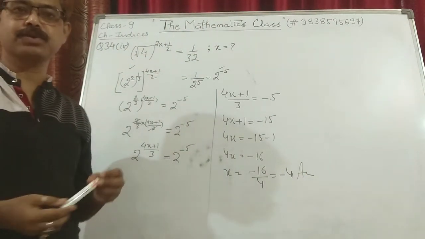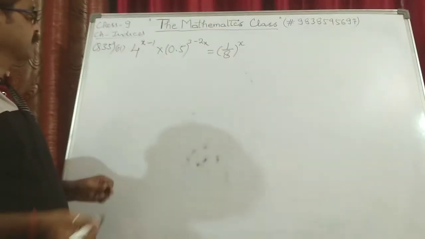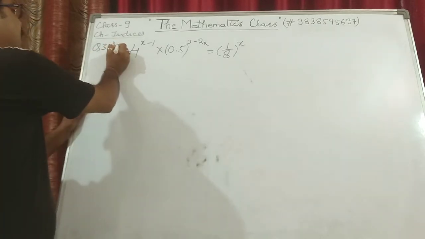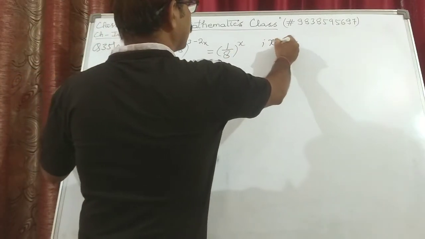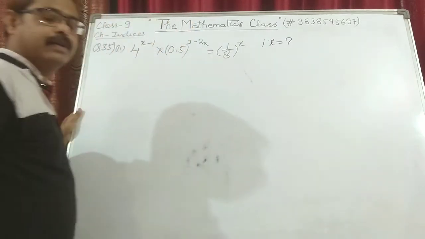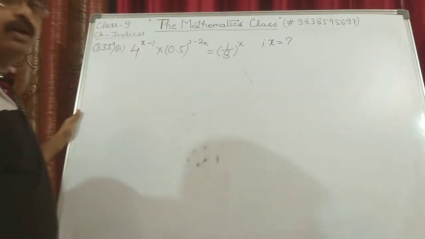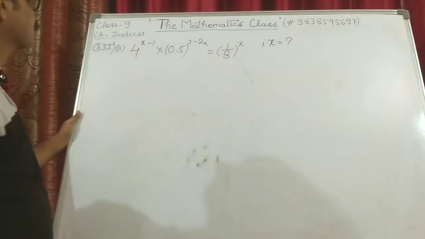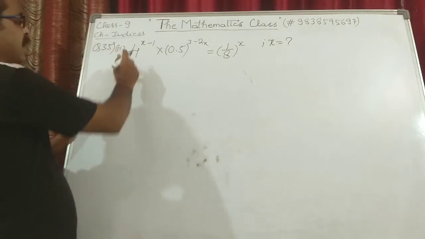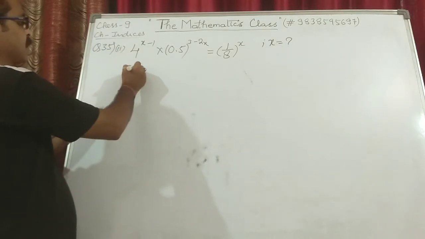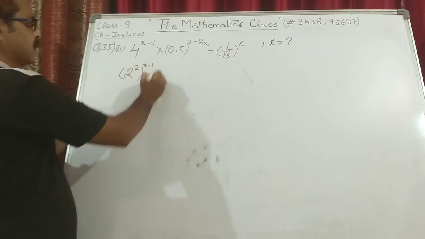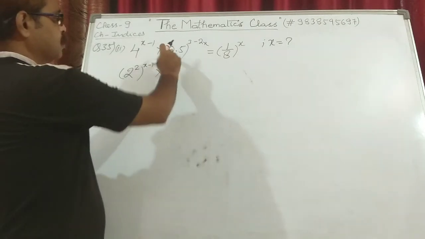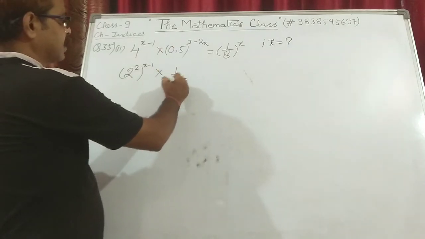Now we'll take the next question, 35. Question number 35, I have taken the second part, and here also you have to find the value of x. Again we will be using the laws that we have studied. So you can see 4 can be written as 2 to the power 2, and then whole power x minus 1, into 0.5. 0.5 can be written as 1 upon 2.